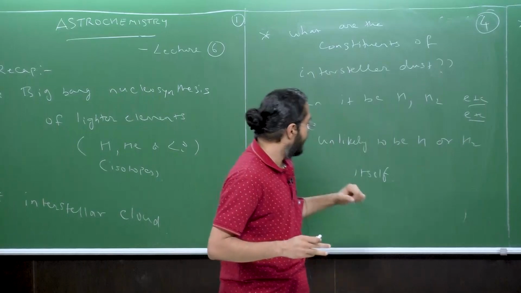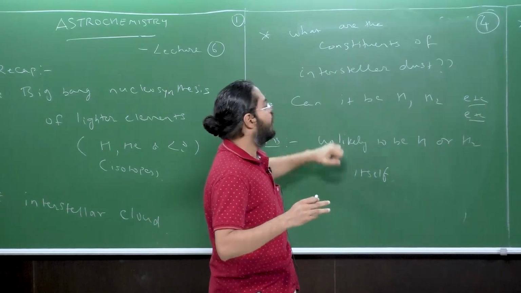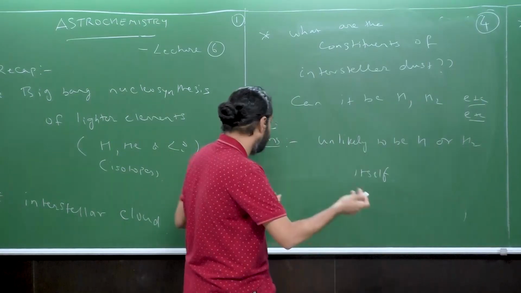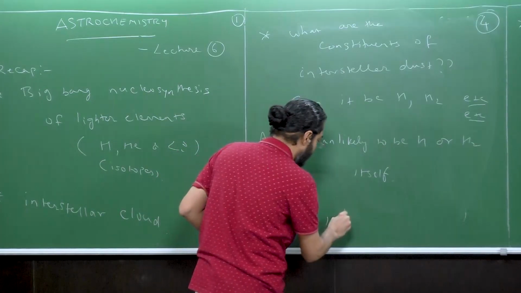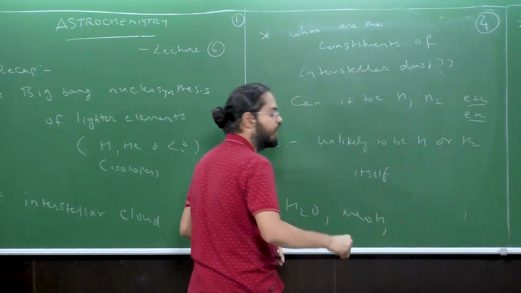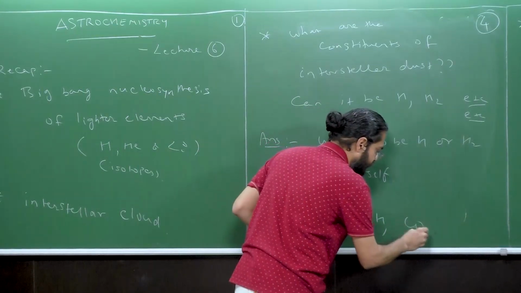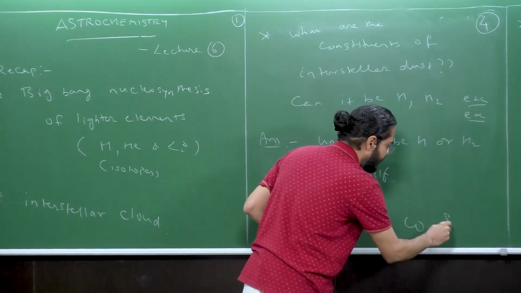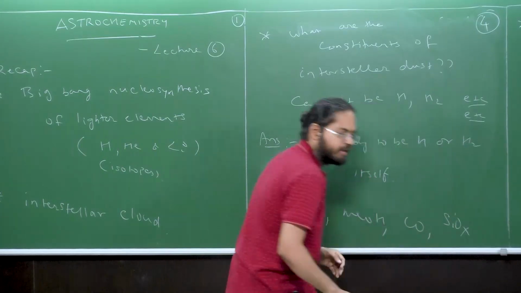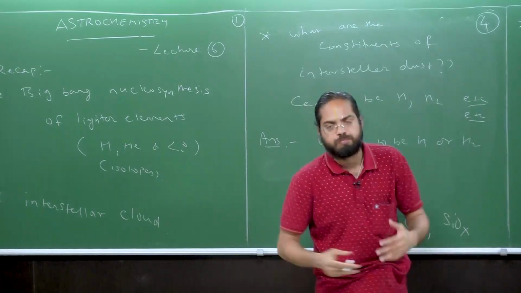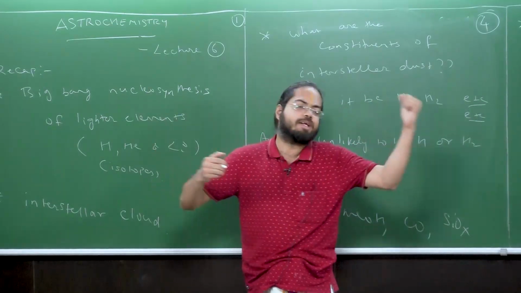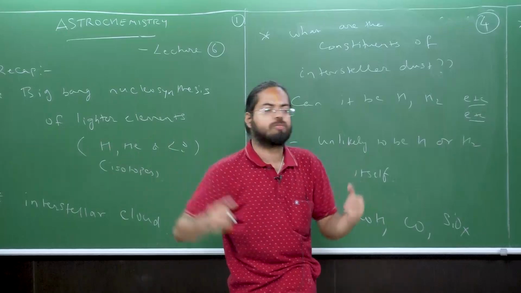All right. So then, we have some other small molecules, such as H2O, or MeOH, and we have carbon monoxide, or also some silicates, right? These could also be formed in the ISM, because eventually, by nucleosynthesis, from the lighter elements, the heavier elements can also be formed.